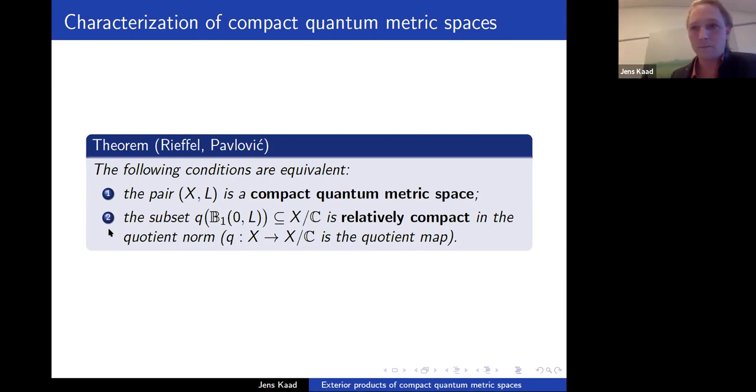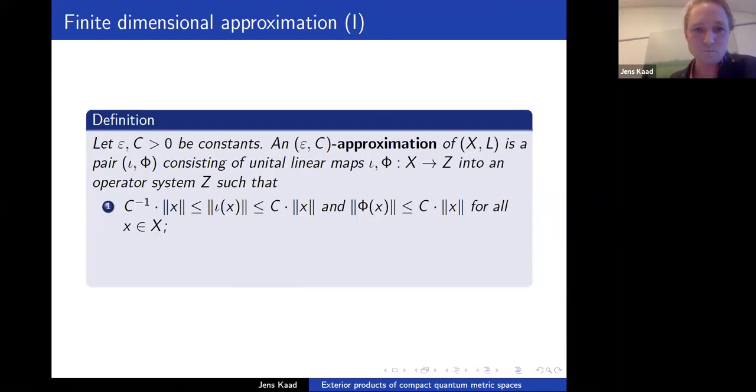All right. I promised that I would give you a new characterization of what it means to be a compact quantum metric space in terms of finite dimensional approximations. So I will now explain which kind of finite dimensional approximations I'm going to use. You start out with two constants, epsilon and c.